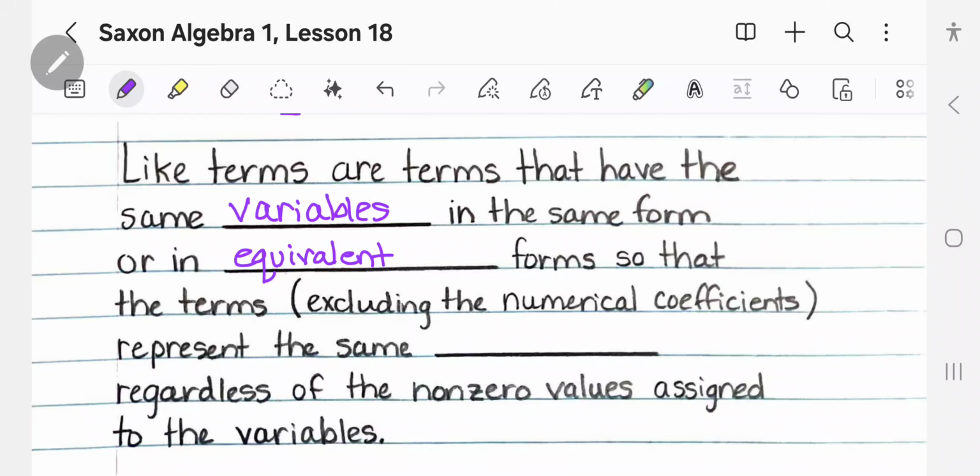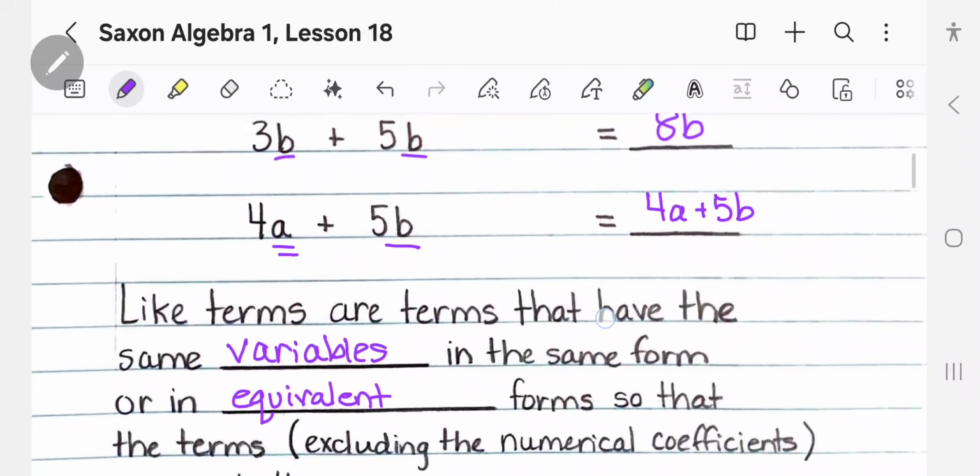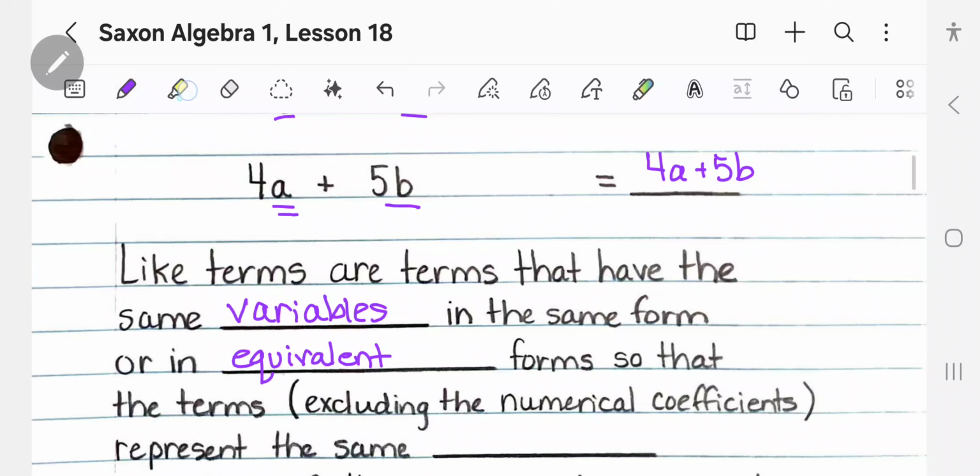So that the terms, excluding their numerical coefficients, okay, so let's go back for a second here. These are terms. Here's a term. Stop. There's a plus sign. Here's a term. Are they like terms? Well, do they have exactly the same variables? No, they do not. So they are not like terms. We're not looking at the numerical coefficients. We're just looking at the variables.